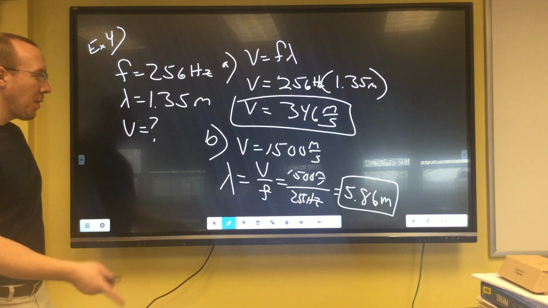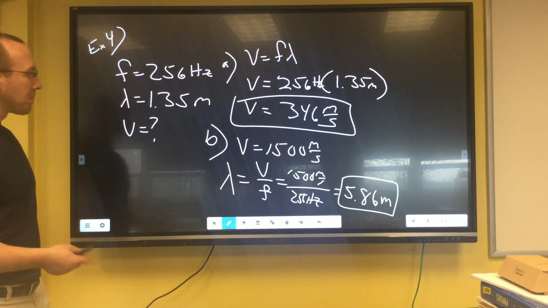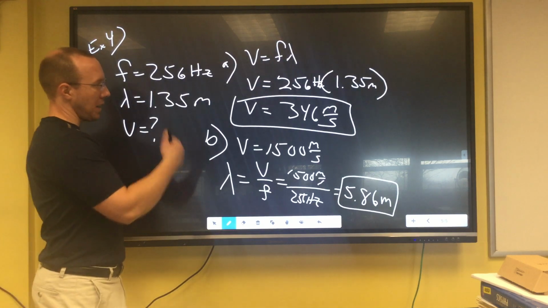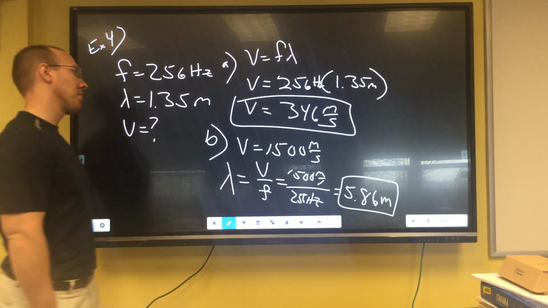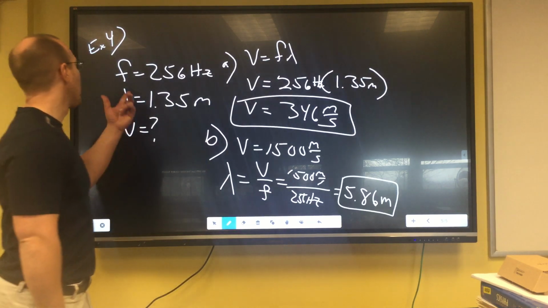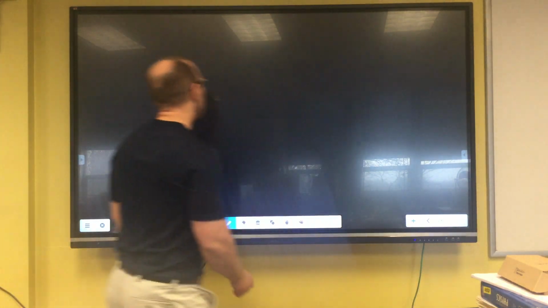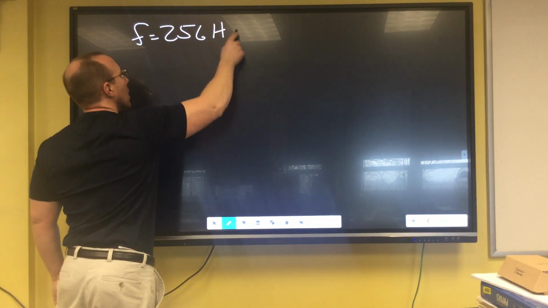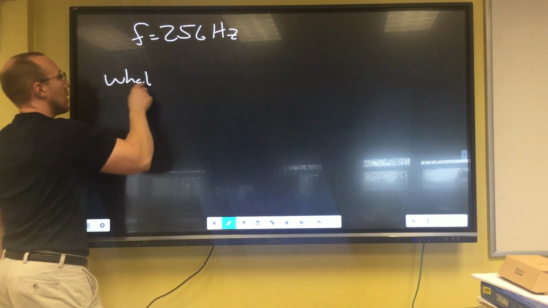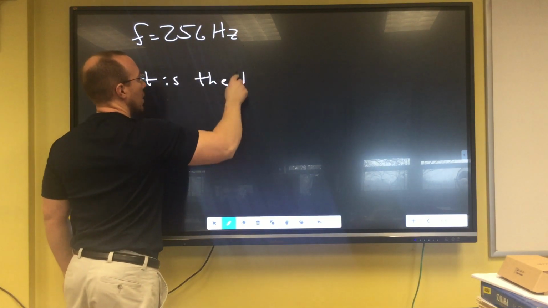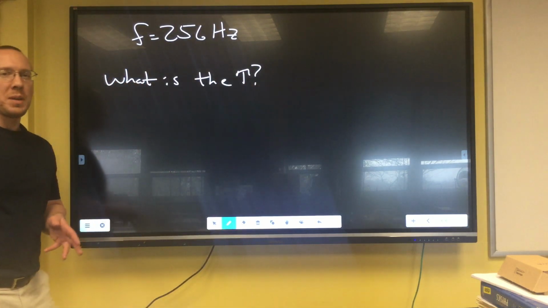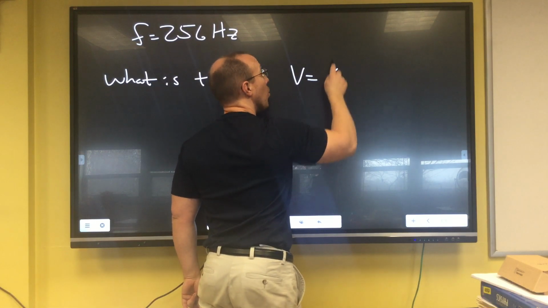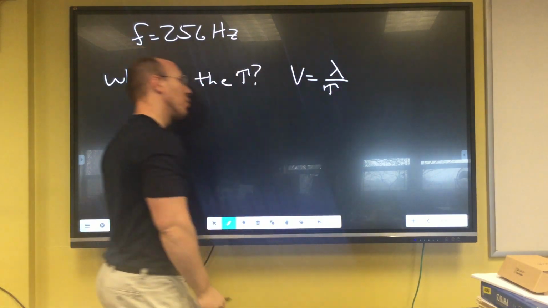Now the one thing in this that we did not go over is the period. So why don't we take a look at one of these and we'll figure out what the period is. So we don't really need the speed to figure out the period. You recall that velocity is equal to the wavelength divided by the period. We don't need that.